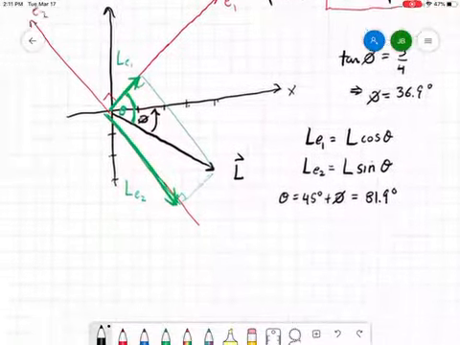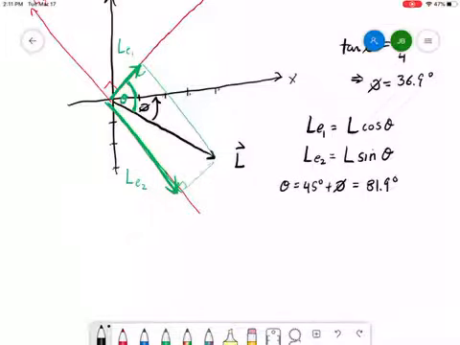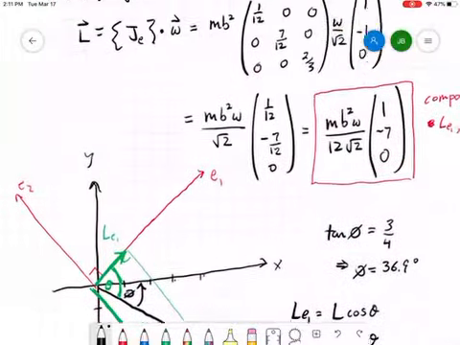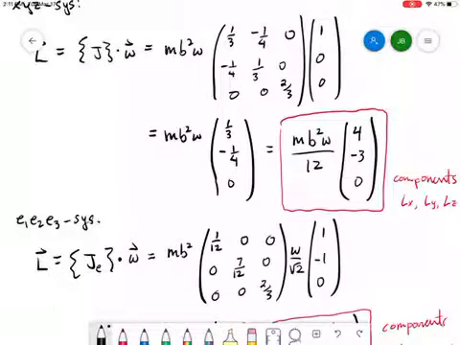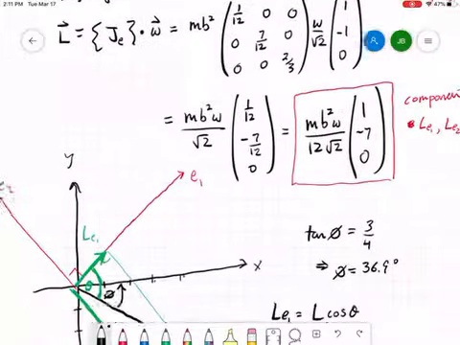Let's work out the magnitude of L. The magnitude of L is going to be the x component squared plus the y component squared, all square root. So that's going to be mb squared omega over 12, and then we have a 4 and a 3.